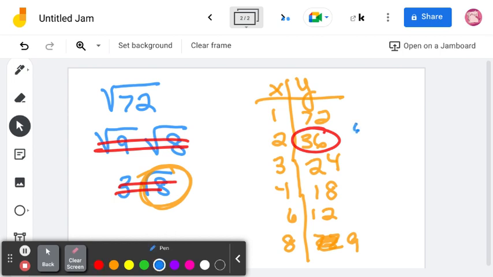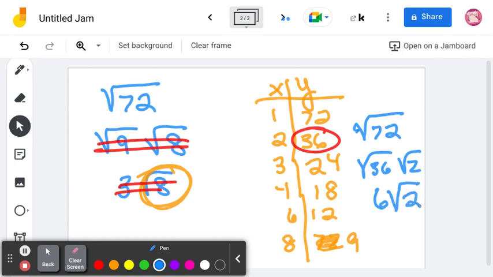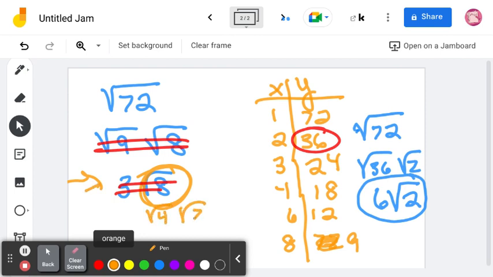To simplify square root of 72, it's square root of 36 times square root of 2. So your most simplified radical is 6 square roots of 2, or 6 radical 2. Now, if we looked back over here, you could simplify this again, but you'd have to simplify square root of 8, and it gets a little tricky.